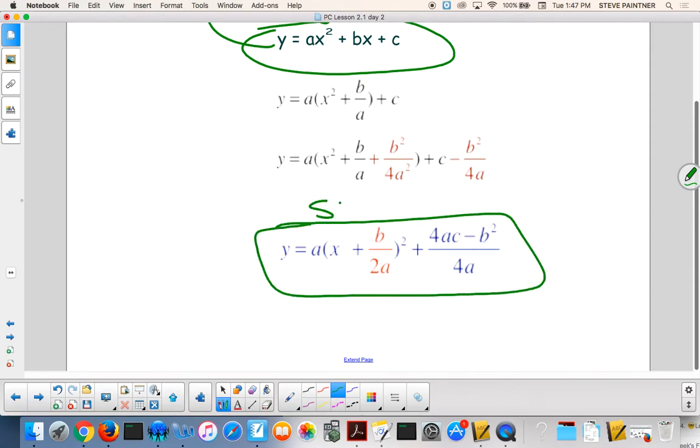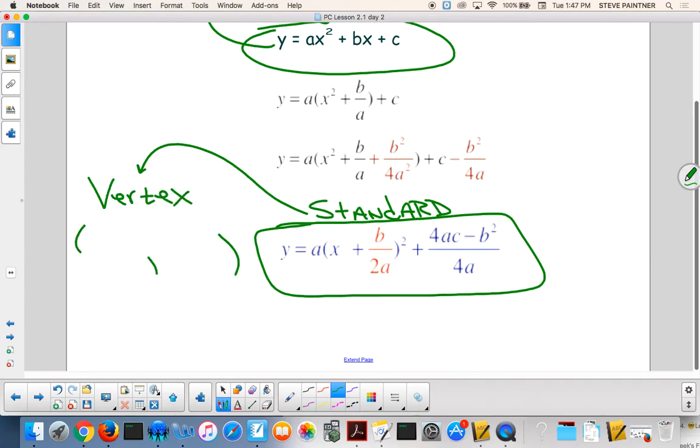This is in what form? Standard form. Which you should know I can get the vertex out of. Now, guys, are you looking? Look inside the grouping symbol where it says x plus b over 2a squared. This is telling you, move your parent function where?